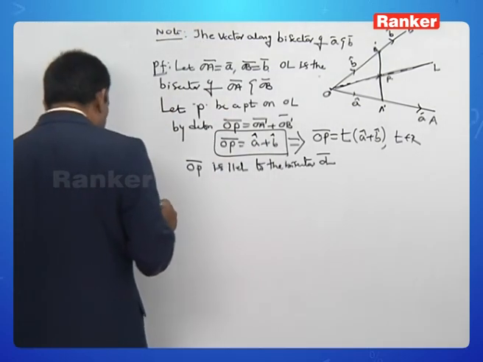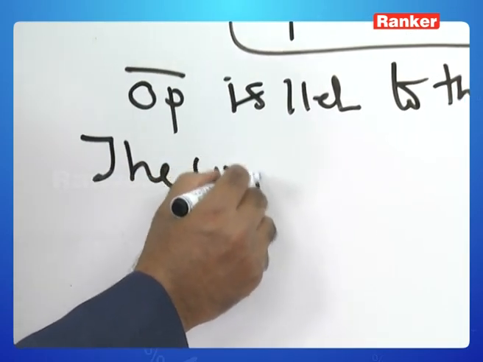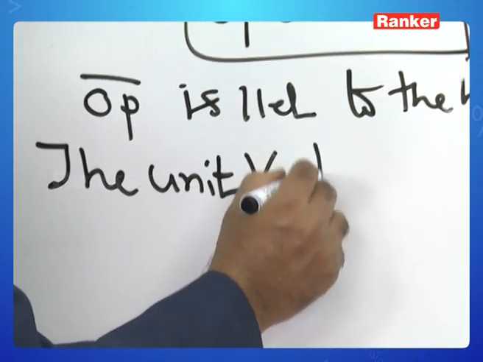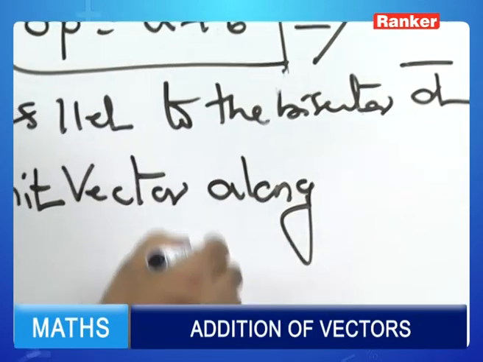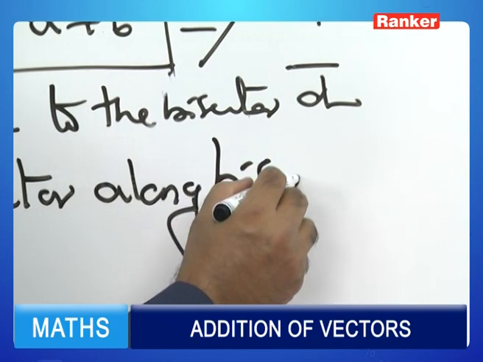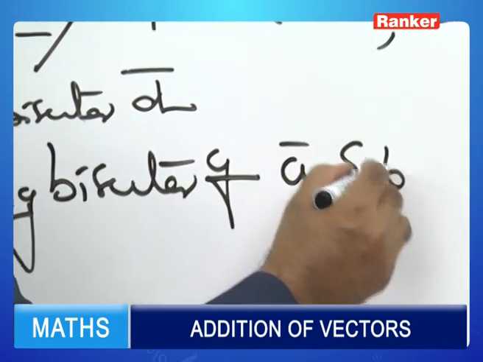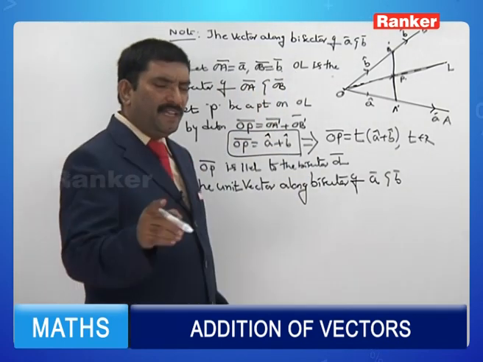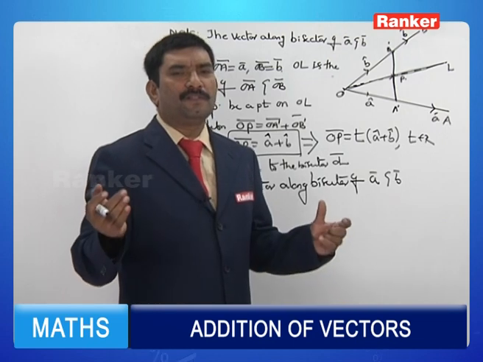So therefore, now I will write the unit vector along the bisector of A bar and B bar. Bisector, is it internal or external? It is quite obvious.